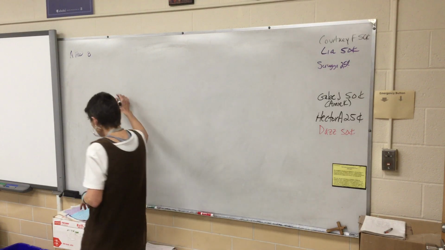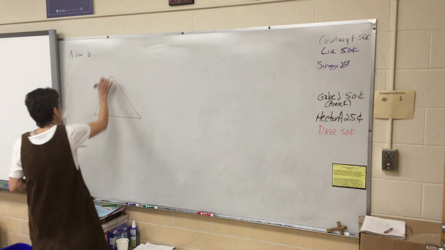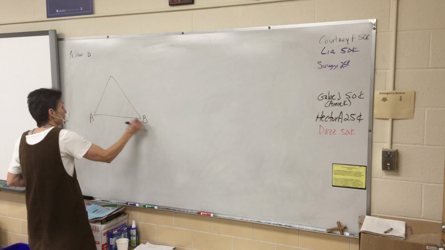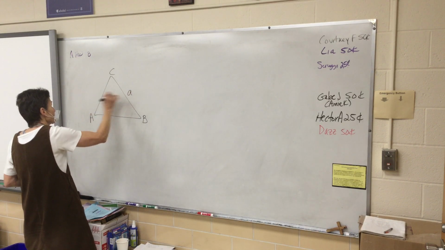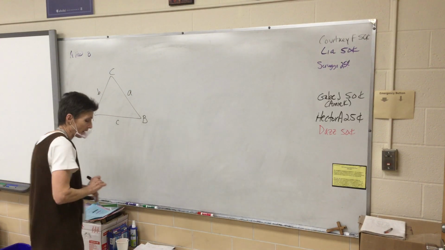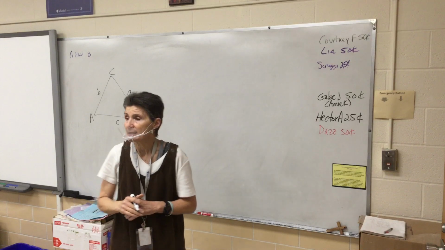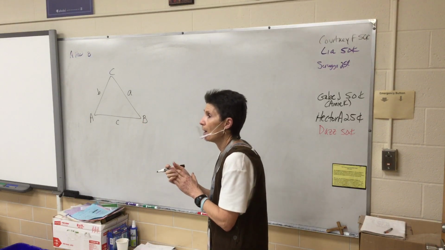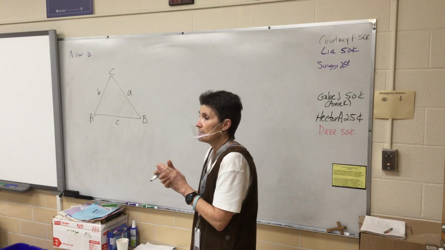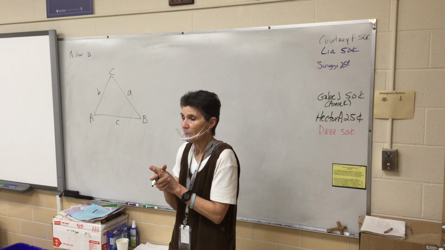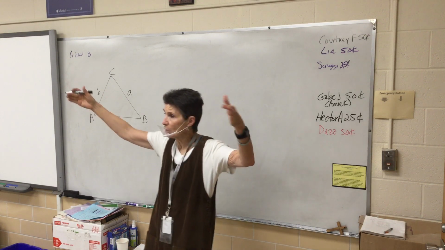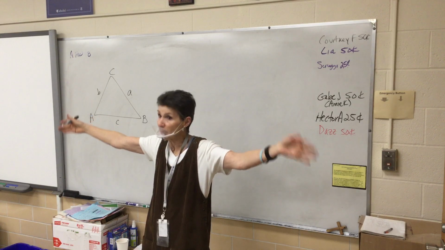Okay? So I'm just going to draw a random triangle up here. And I'm not even going to give you any numbers. I'm just going to use letters because I want you to see how the law works. Do you remember from our notes yesterday that the law of cosines is big?